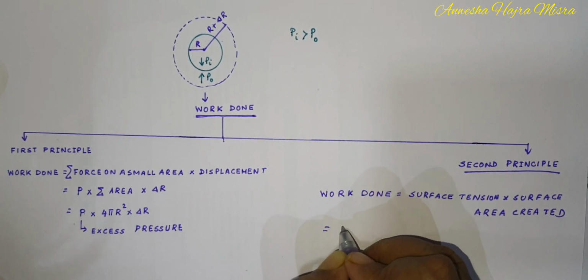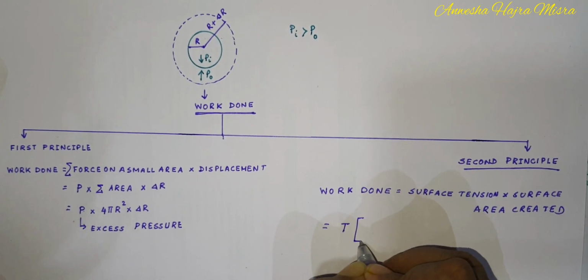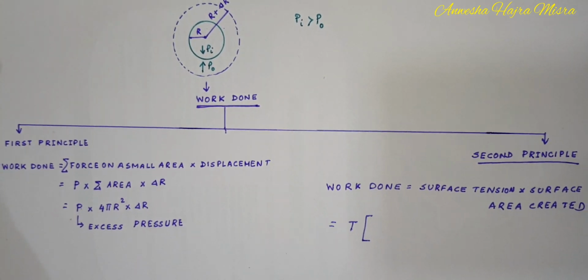Surface tension is T. And what is the surface area created?